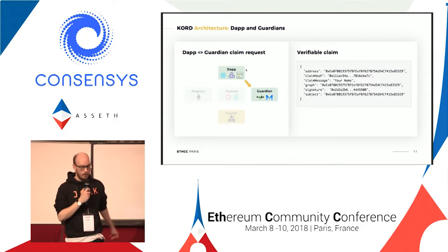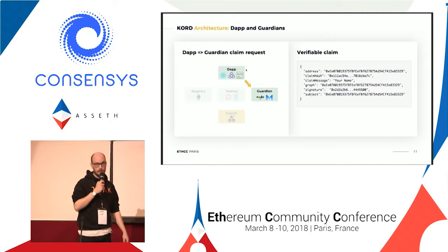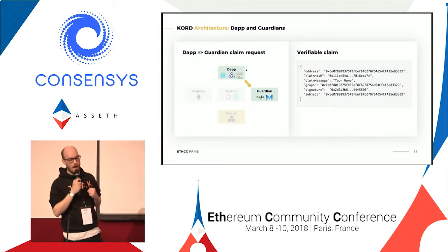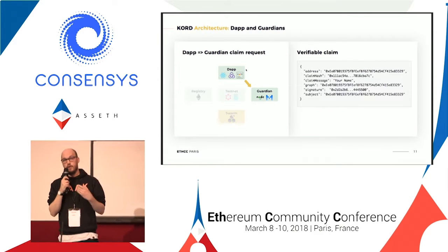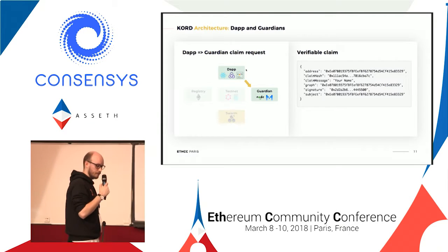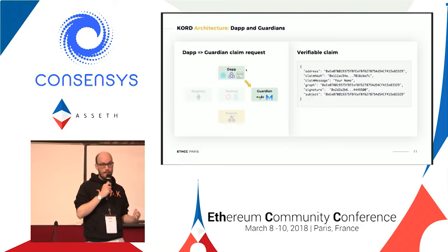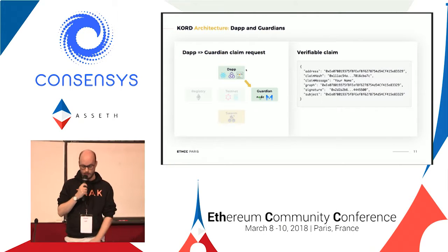So the other point in that stack are these Chord Guardians. And at the moment, they are simply microservices running on the Chord Guardian node. From a Dapp, a user can send a statement about their identity.